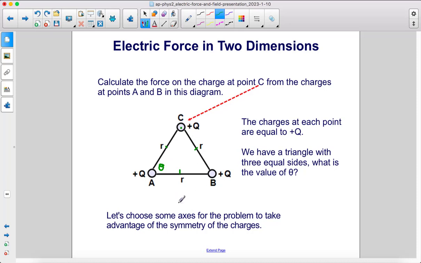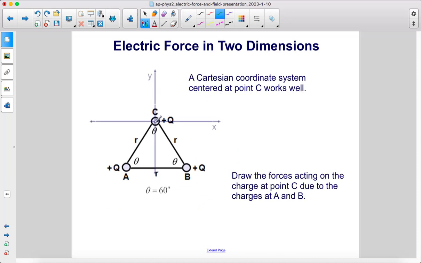Let's choose some axes for the problem to take advantage of the symmetry of the charges. A Cartesian coordinate system centered at point C will work well here. Draw the forces acting on the charge at point C due to the charges at A and B. Well, all 3 of these charges are positive, so the forces on C are going to be repulsive.